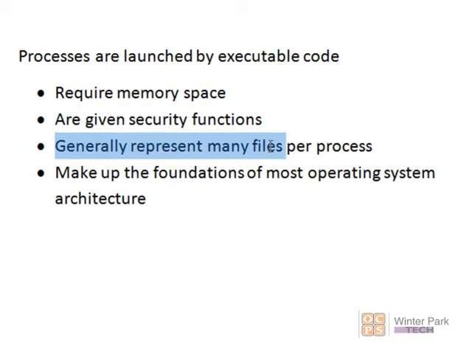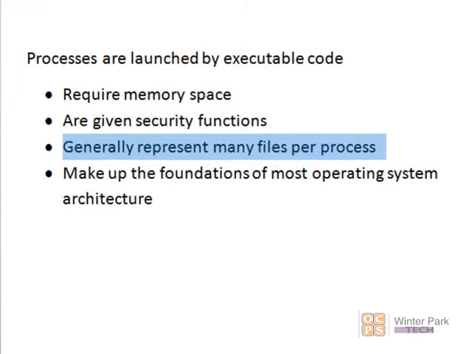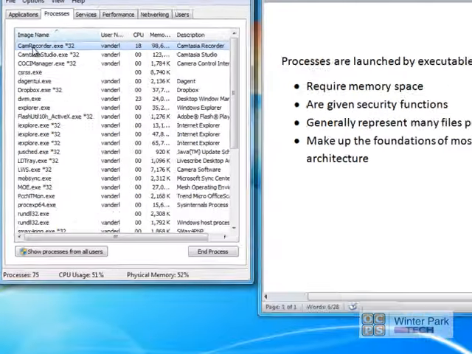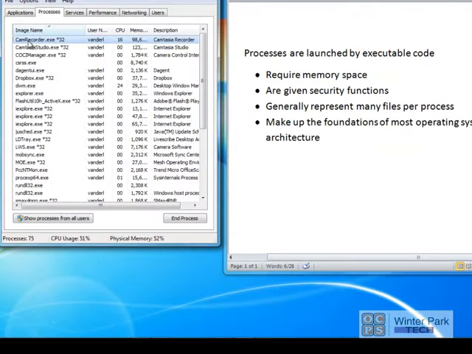Generally, a process represents many files. So when you look over here at camrecorder.exe, don't be fooled into thinking that that is the only file that's running in the process. No, that is the file that launched the process. There may be 40, 50, 60 executables, DLLs, and other types of system files that are launched by the process.